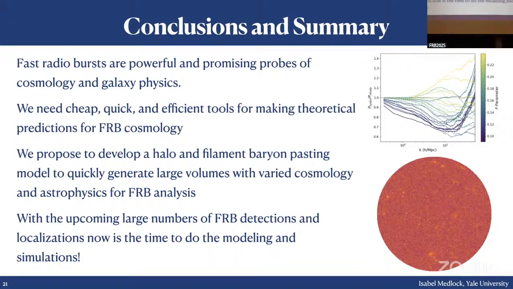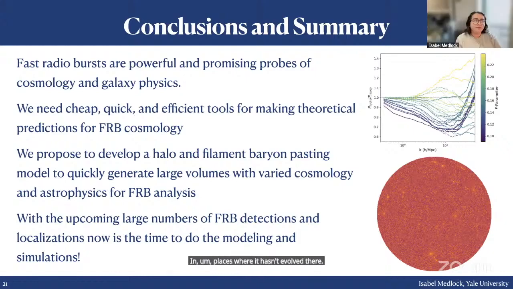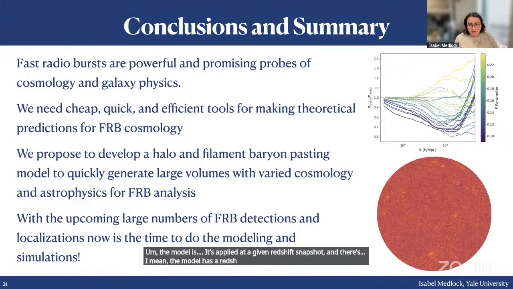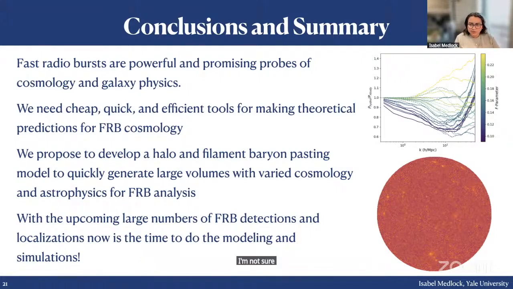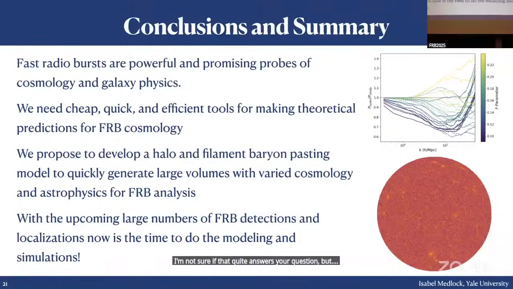Or the accuracy of the model based on the pasting in places where it hasn't evolved there? The model is applied at a given redshift snapshot, and the model has a redshift evolution as well to take that into account. I'm not sure if that quite answers your question. But... Yes, thank you.